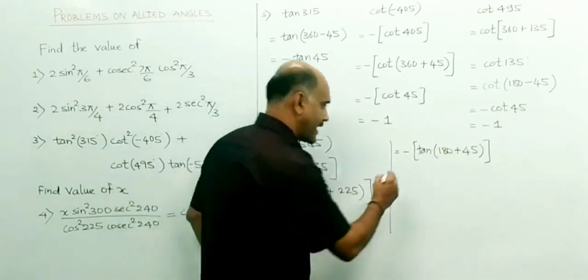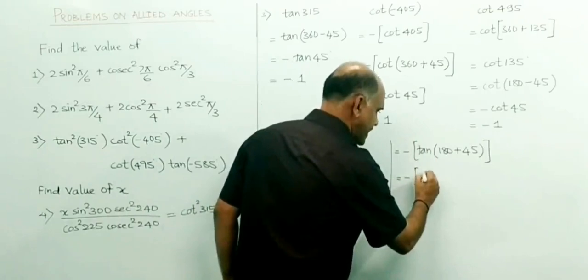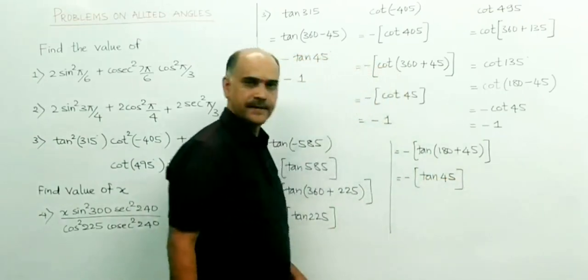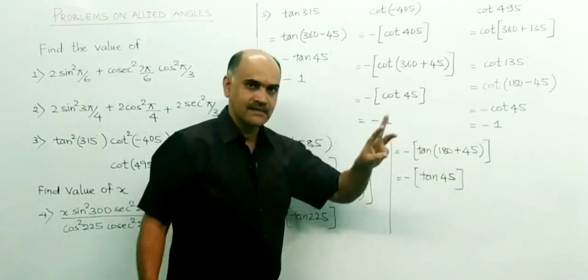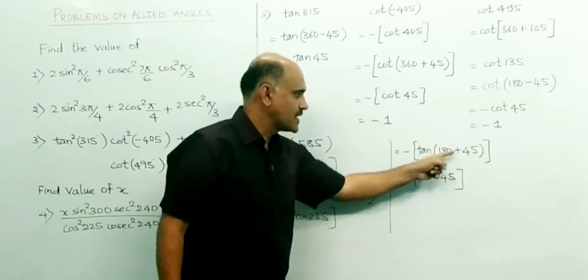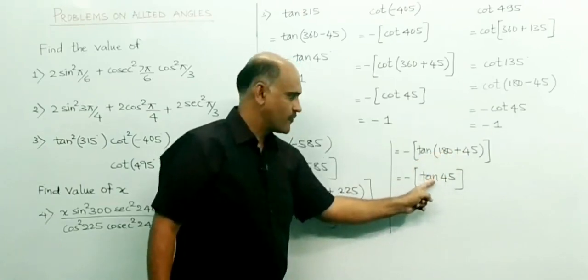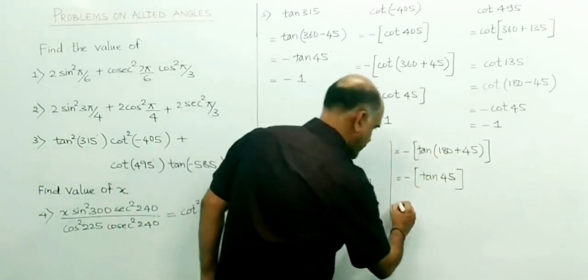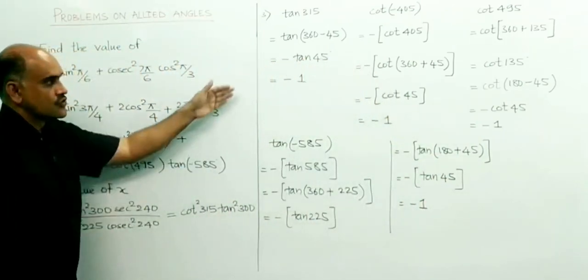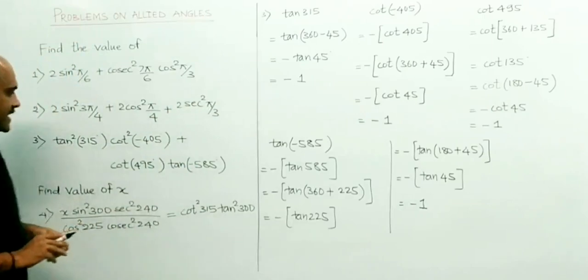So you will have tan 45, and this minus sign remains as it is. In the third quadrant tan and cot are positive. Tan 45 is 1. So this will be minus 1. So now we have found all the values.